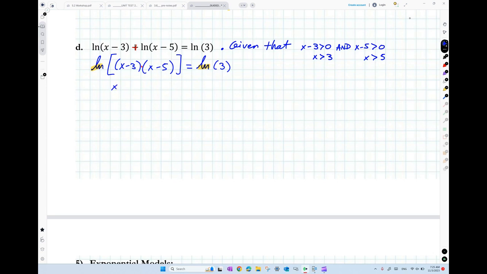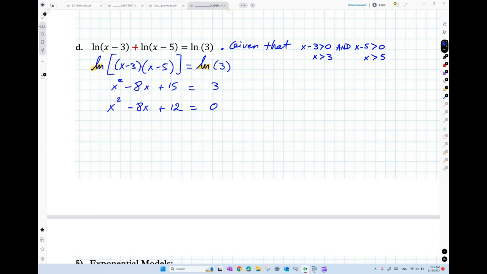Let me already distribute this. FOIL, I'll have x squared plus 15 here, and -3 minus 5 is -8, so I have -8x equals 3. Let me put everything on the same side. I'll have x squared minus 8x plus 12. And then I need to solve that.